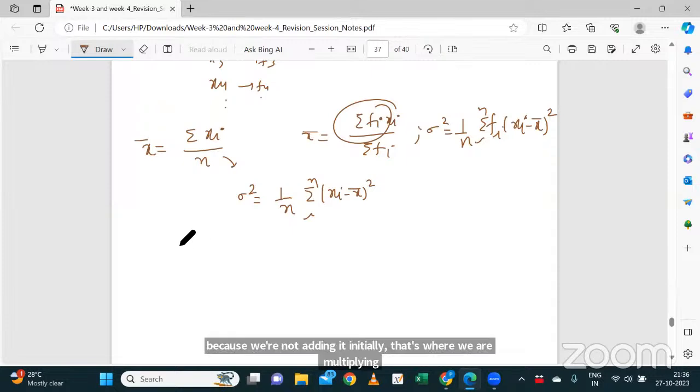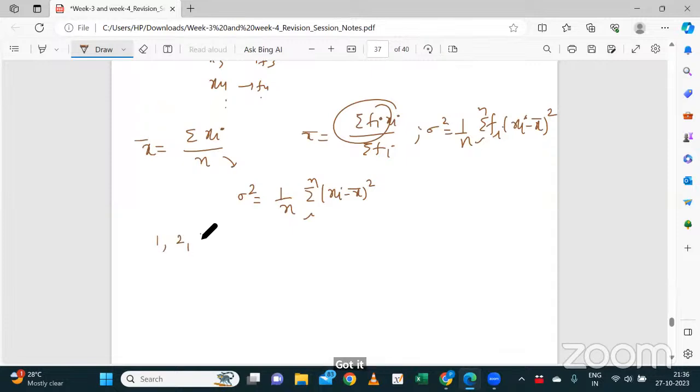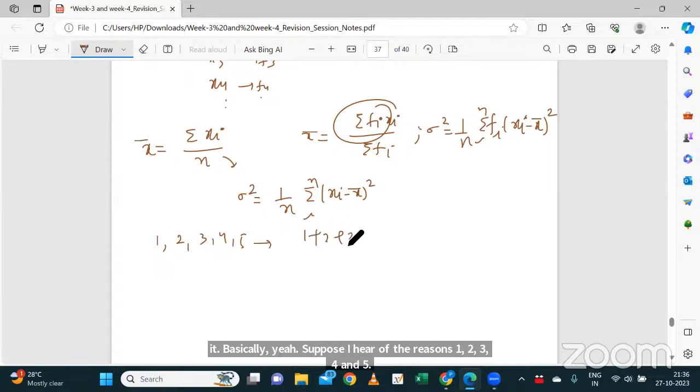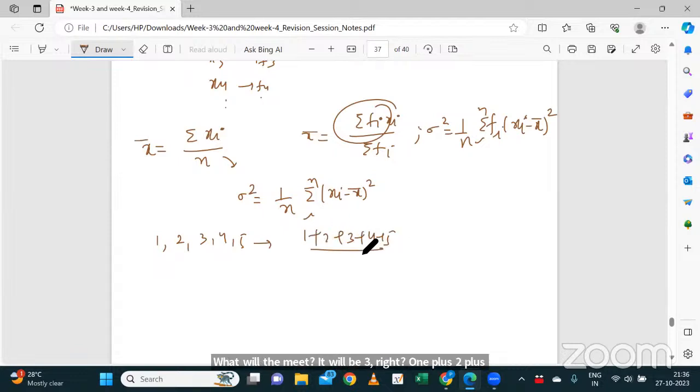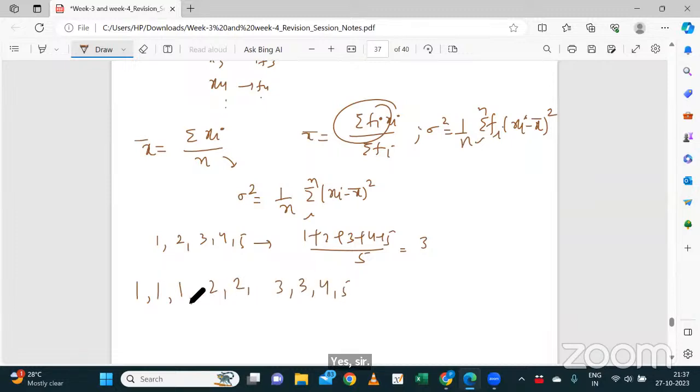Correct. Suppose I have observations 1, 2, 3, 4, and 5. What will the mean be? It will be 3, that is 1 plus 2 plus 3 plus 4 plus 5 divided by 5. Now what about the mean of 1, 1, 1, 2, 2, 3, 3, 4, 5? You have to add all the observations.